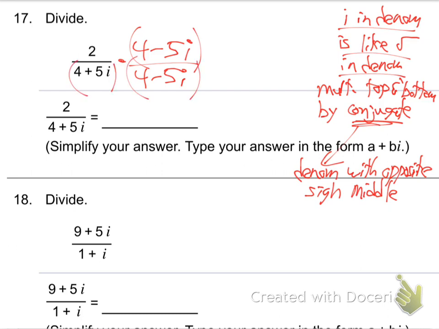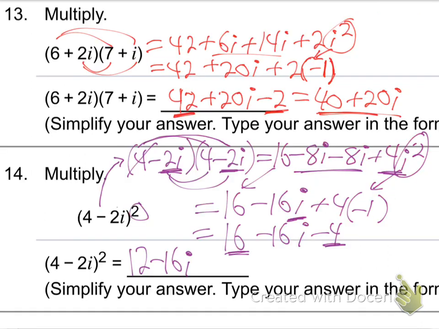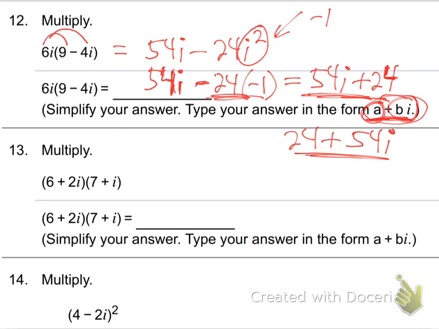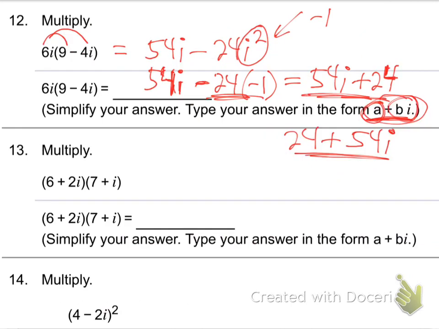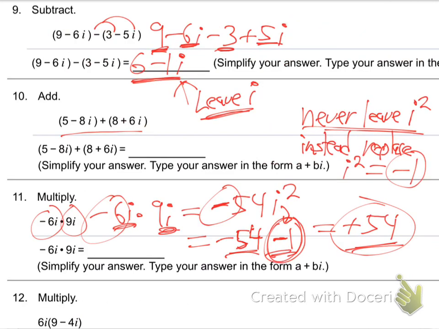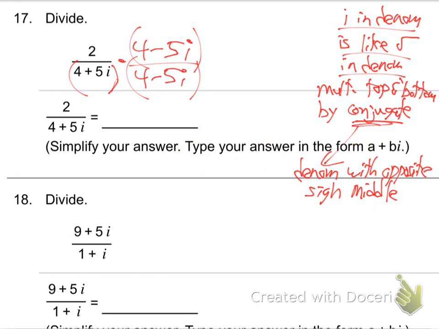If that was 4 plus 5 root 2 or something, I would say, oh, I got a root and a plus or minus sign, so that's the conjugate. So that makes sense what we did back in the last section. So an i in the denominator is like a root in the denominator. What do you do with a root? A root and a plus or minus sign.